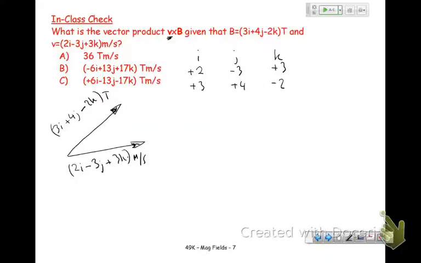So let's start off. I'm going to go 2 times 4 minus 3 times 3, and that's going to be my term for my I. And then I'm going to add on, oh no, let's stop, I got it. Then I'm going to subtract.